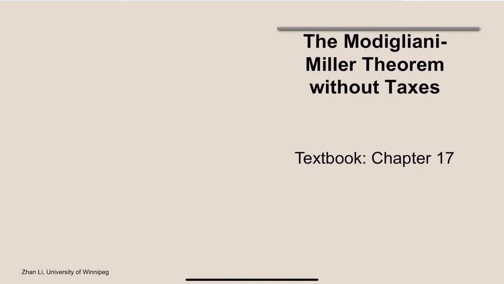So what is capital structure? It's essentially about the firm's choice of equity versus debt. Remember that when you're financing a project, you have at least two sources of financing, right? You could use equity, you could use debt. If a public firm has a project, it could issue a corporate bond. Then this firm is using debt to finance its project, or the firm could borrow money from a bank.